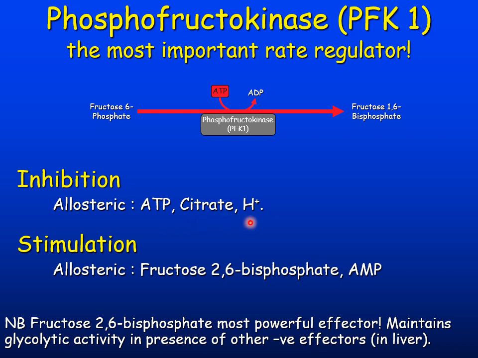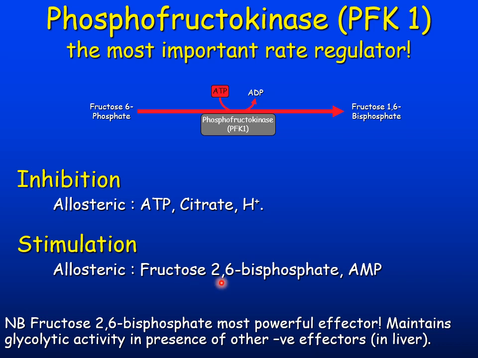ATP, citrate, and hydrogen ions can all act to inhibit this enzyme, and AMP and fructose 2,6-bisphosphate can act as stimulators of this enzyme. Now, I'm going to particularly focus on this allosteric effector here, fructose 2,6-bisphosphate. And that's because it's the most potent effector.